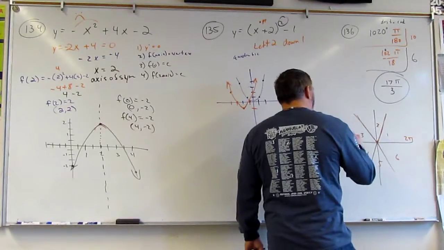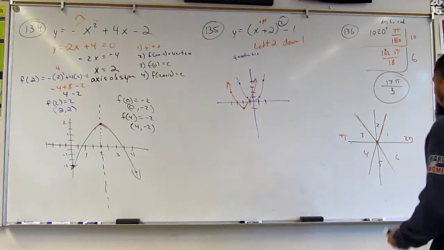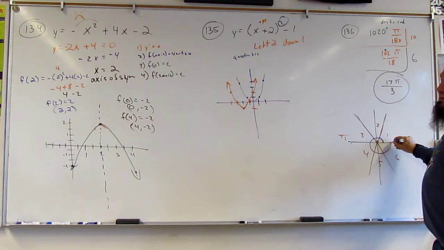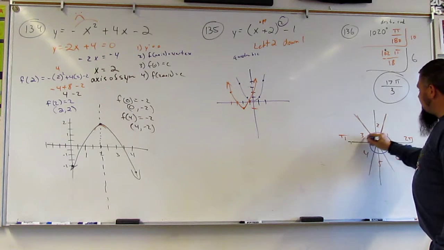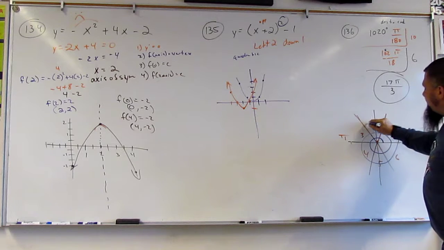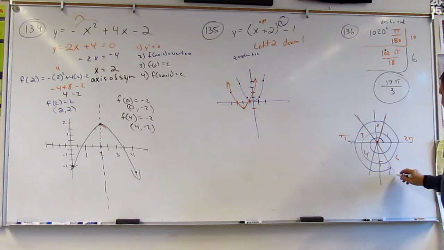And this is pi. And if I want to go to 17, I'm going to go around 1, 2, 3, 4, 5, 6, 7, 8, 9, 10, 11, 12, 13, 14, 15, 16, 17. Boom. This is 17 pi over 3. That was not hard, was it? If we understand radians, it's really easy to graph these.